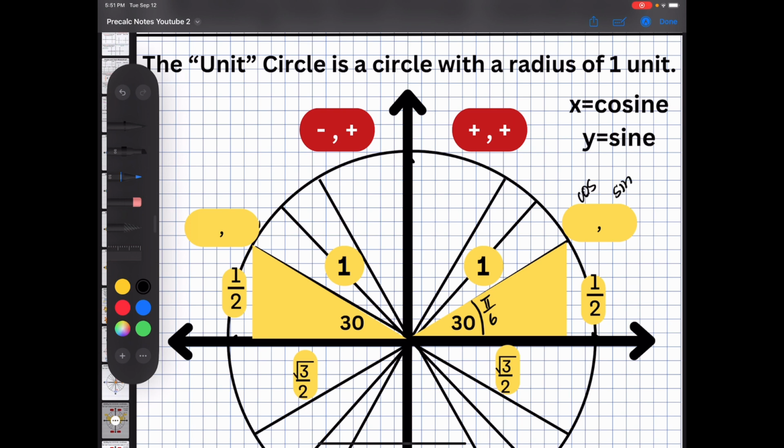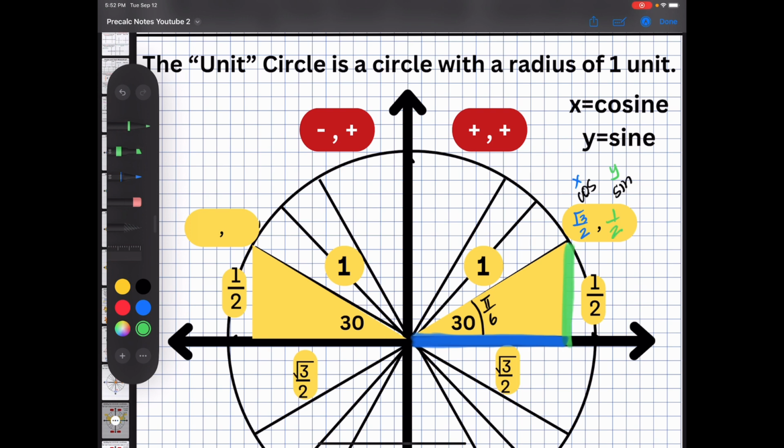So for cosine, because I know that this value is x, I'm going to look at what is the value that is parallel to the x-axis. So here's my x-axis, and that value is radical 3 over 2. So I'm going to say this is radical 3 over 2. And to find the sine, I know that the sine is the y value. So I'm going to look at the y value of this triangle, and the y value is 1/2.